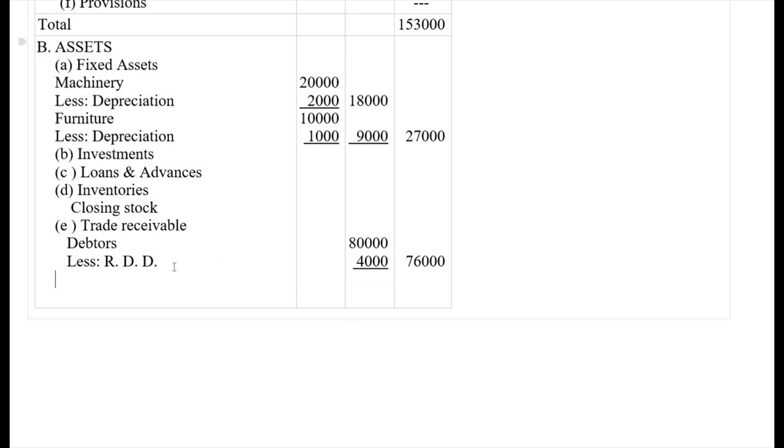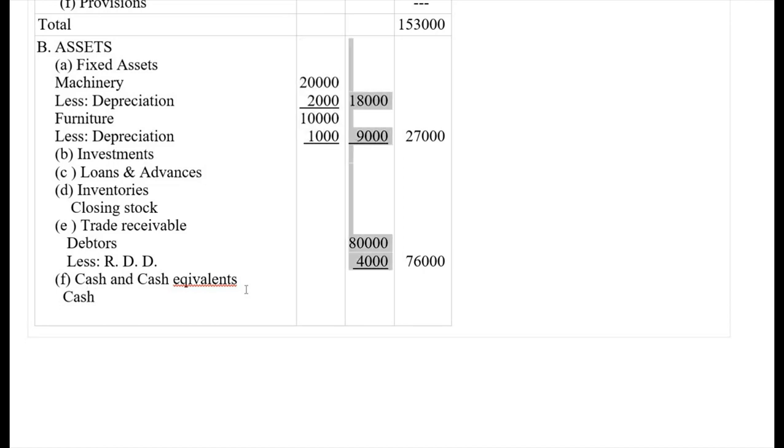Then the next F, cash and cash equivalents. We have been given cash here, so that we can directly take it to the outer column. So the cash balance here is given as rupees 20,000.